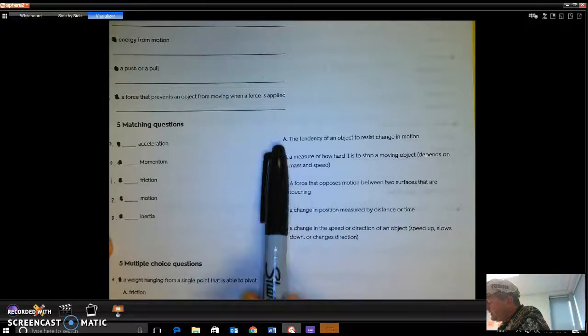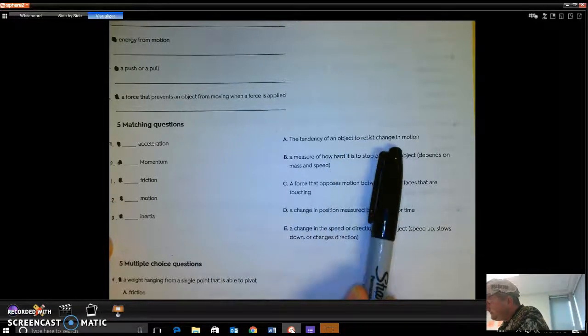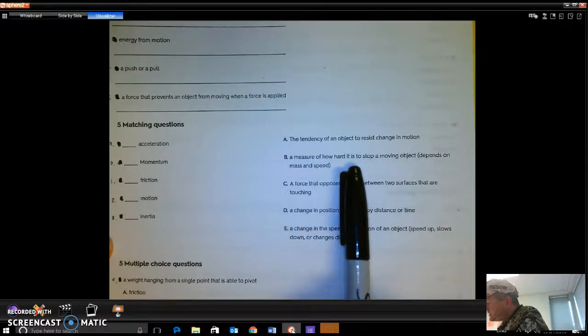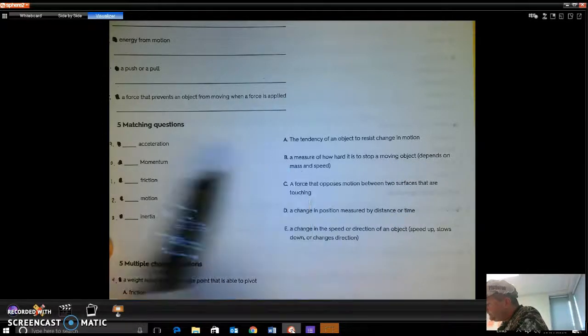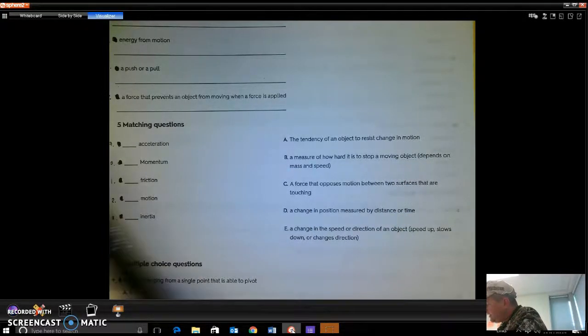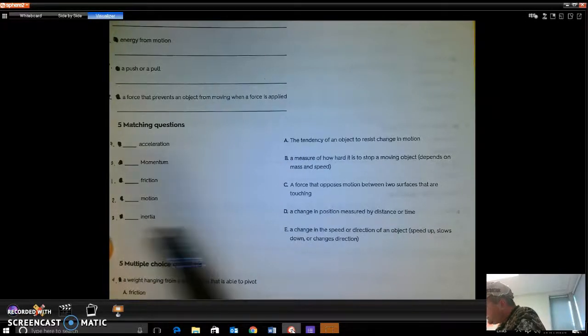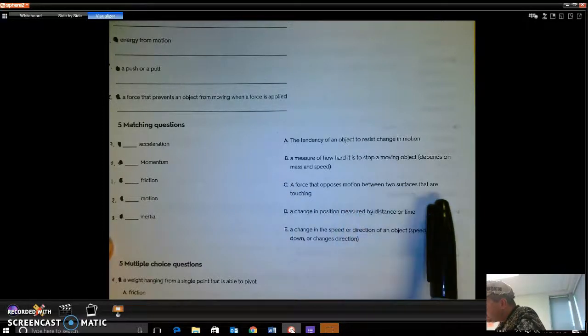First possibility could be the tendency of an object to resist change in motion. B, a measure of how hard it is to stop moving an object. Depends on mass and speed. Remember, M, measure. That might be a clue. C, a force that opposes motion between two surfaces that are touching.